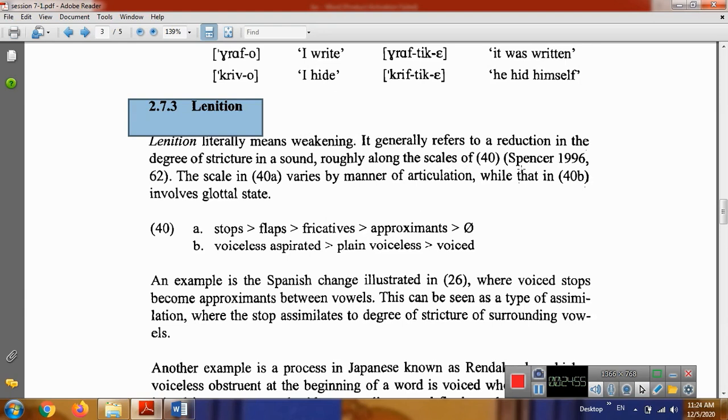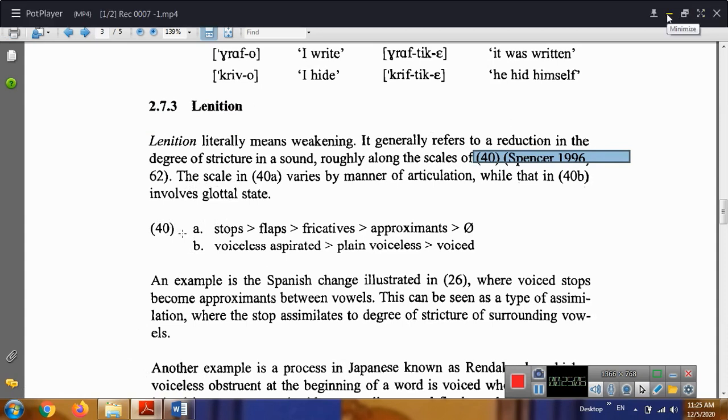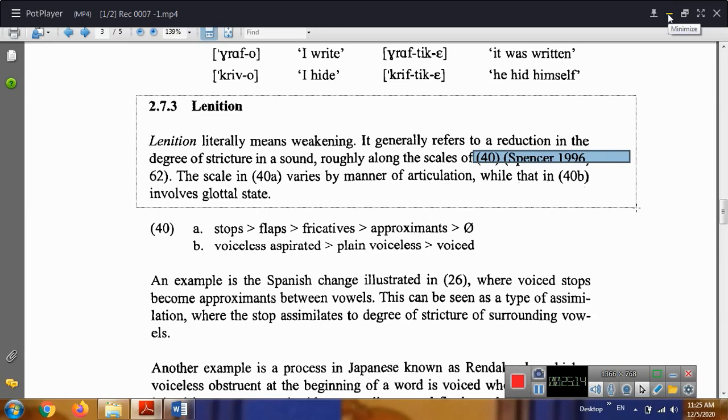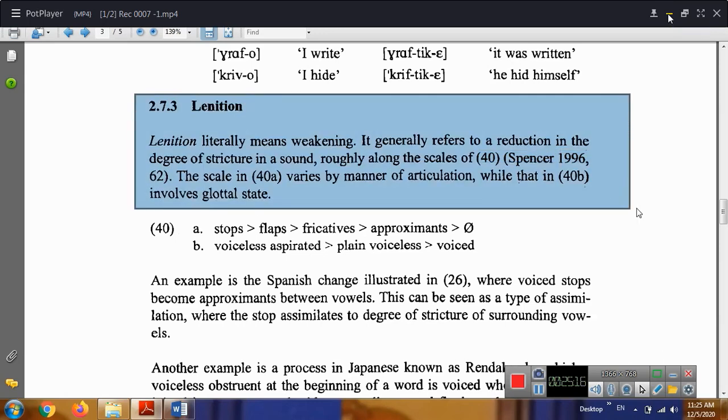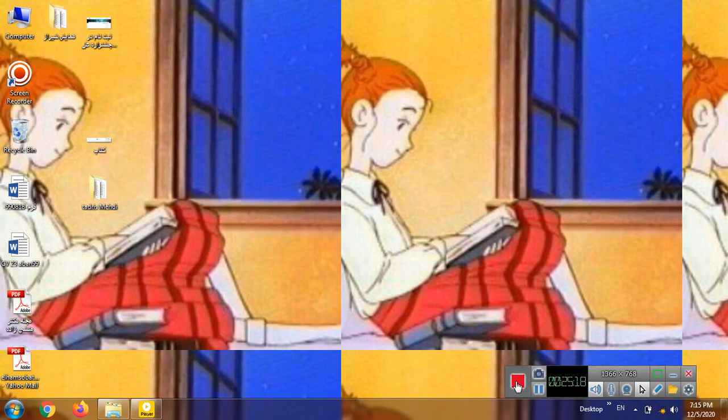Roughly along the scales, which I want to explain for you. The scale in 14A varies by manner of articulation, while that in 14B involves glottal state. In lenition, we have a weakening.